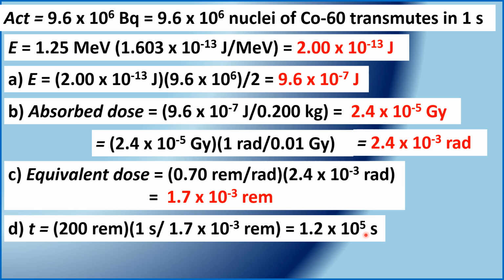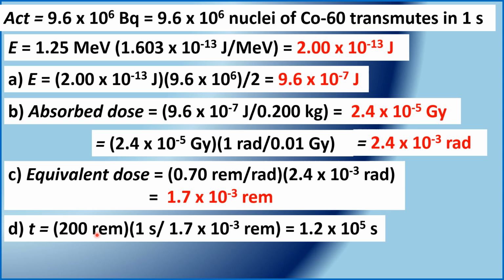So that brings us to question letter D. Question letter D is asking us to determine what would be the time of exposure if an equivalent dose of 200 rem, which is considered a moderate amount of radiation.